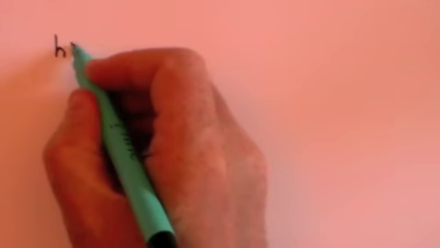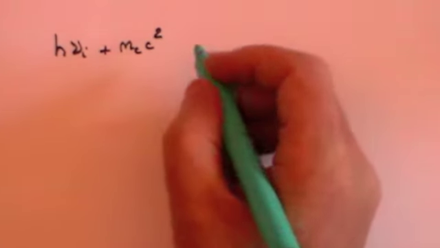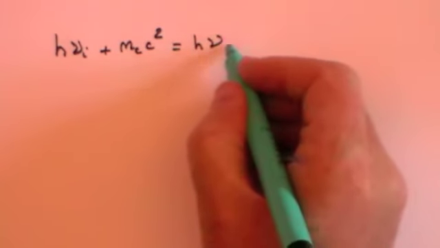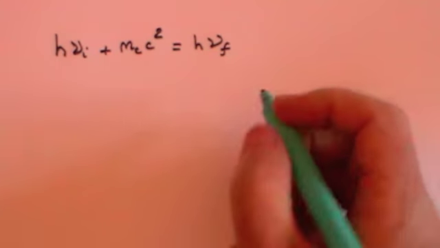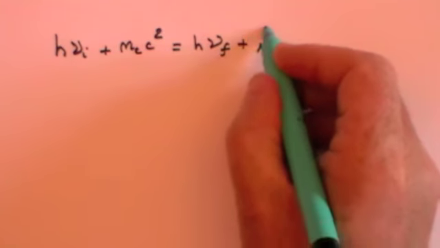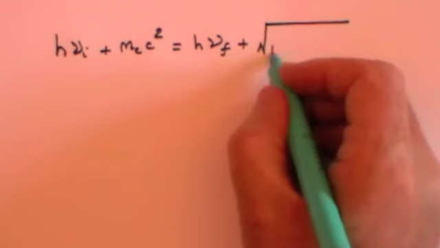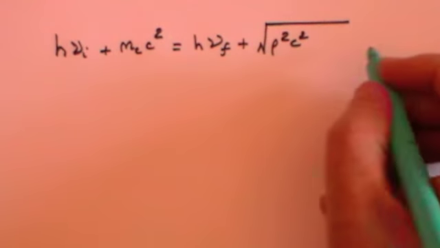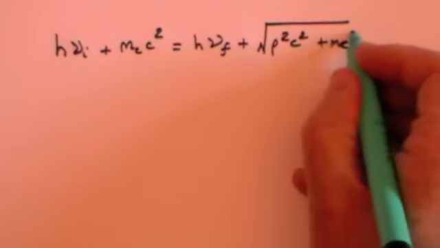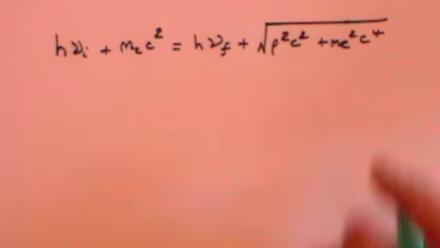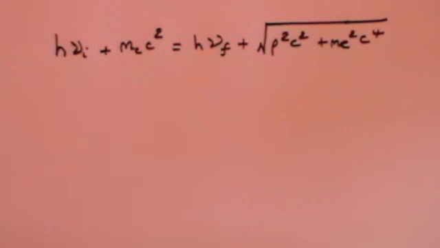Now let me just remind you of the conservation of energy that we derived: the energy of the incoming photon plus the rest mass energy of the electron is equal to the energy of the emerging photon plus the energy of the emerging electron, and energy is conserved, so those two terms are the same.